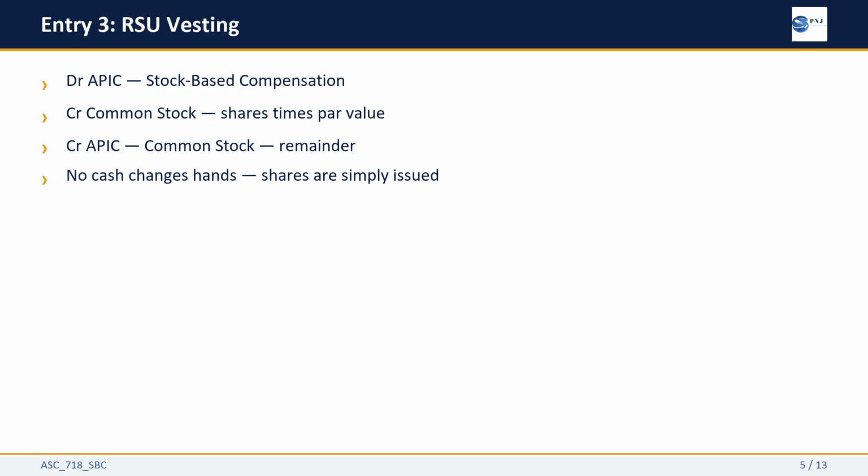The company withholds a portion of the vesting shares, sells them, and remits the proceeds to the tax authority on behalf of the employee. That withholding adds a separate debit to APIC-SBC and a credit to cash, reflecting the fact that the company has effectively repurchased shares at current market value to settle the employee's withholding obligation.